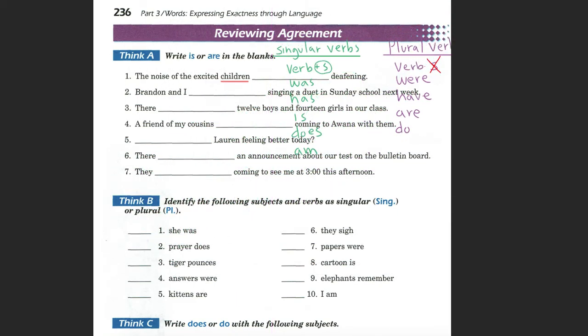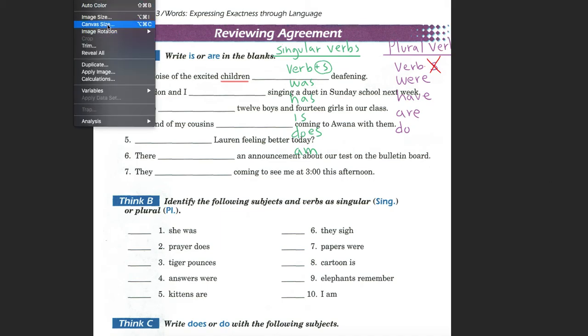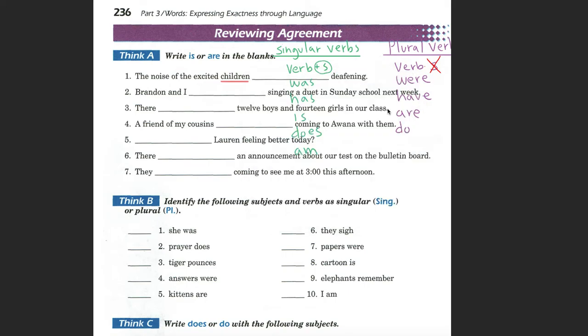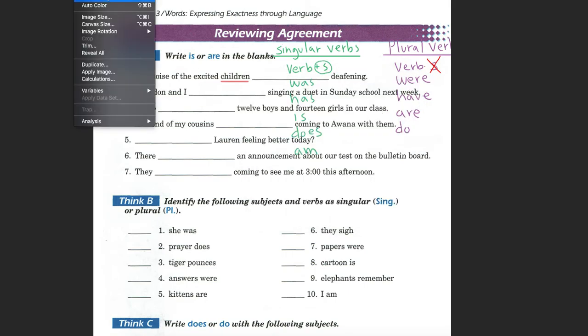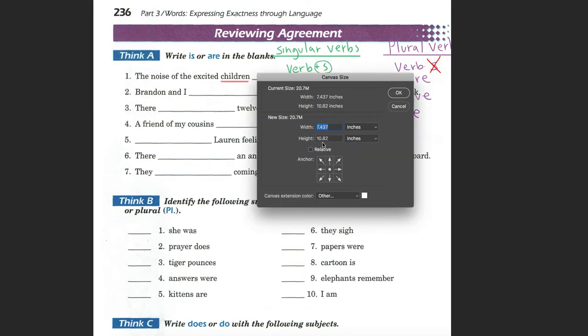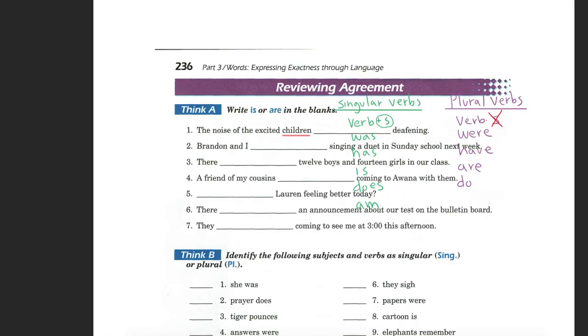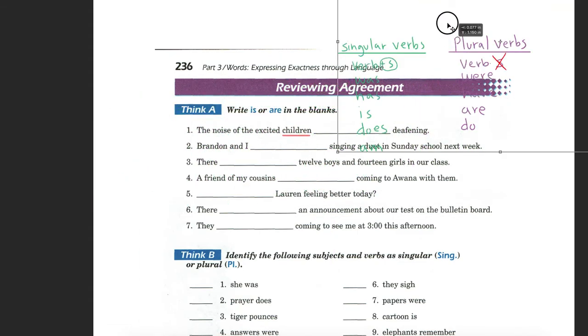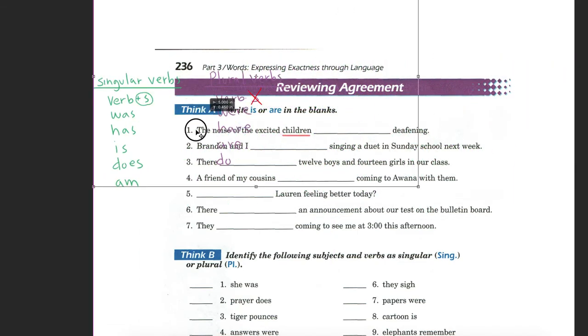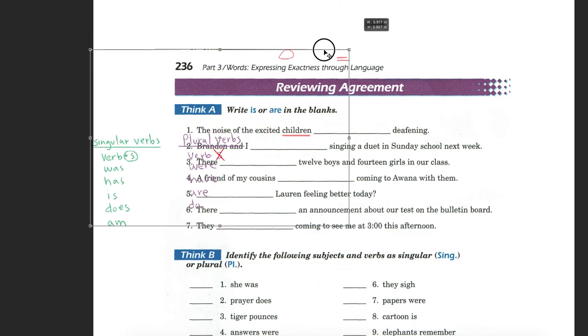Let me expand the canvas, make it a little bit bigger. Canvas size, let's do 10 and 13. All right, there we go. So let's put my table to the side here. All right, make it a little bit smaller.